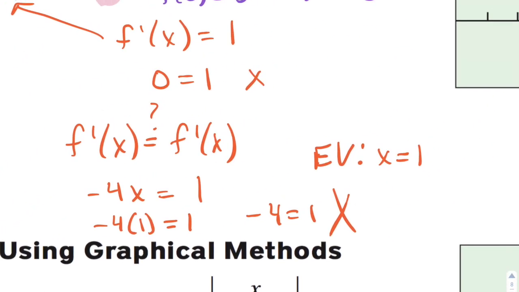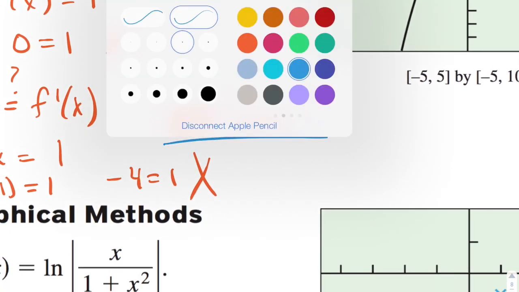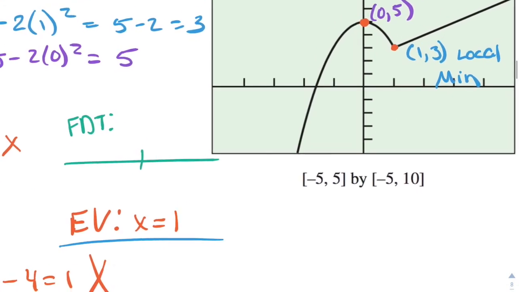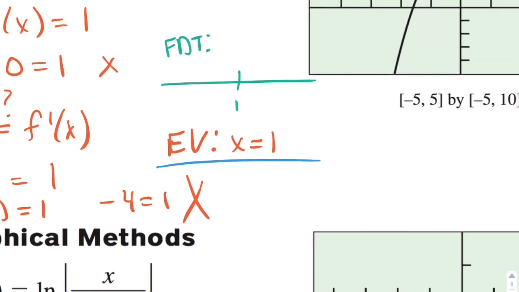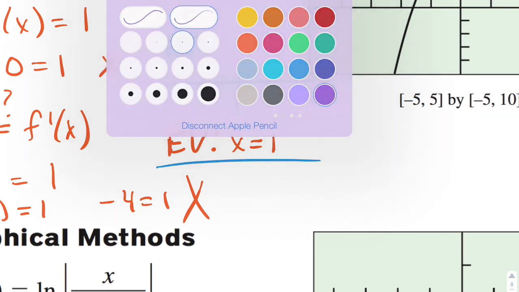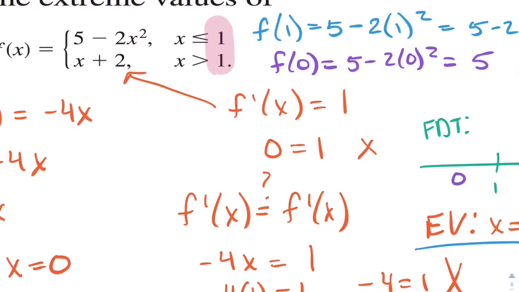In this case, the extreme value happens at 1, but we don't know exactly, because we see that there's a corner there. So at 1, let's test the numbers before and after. If I test the number 0, it has to happen in this function because 0 is less than 1.